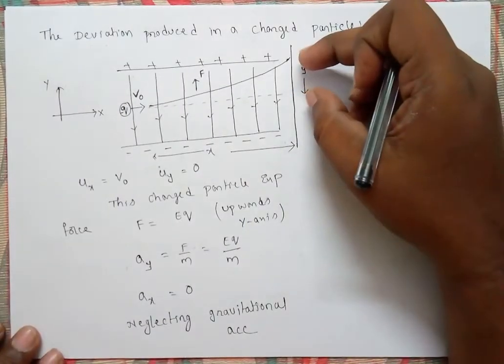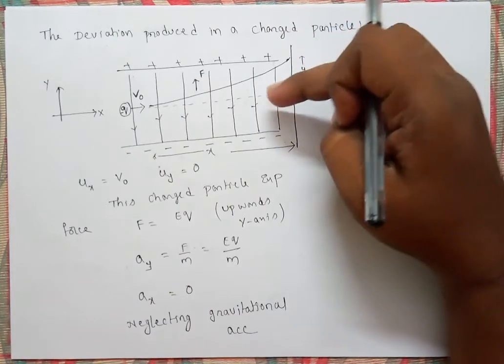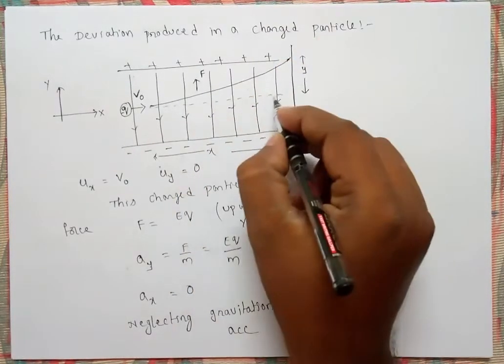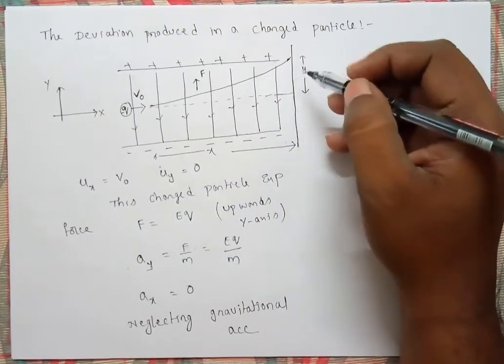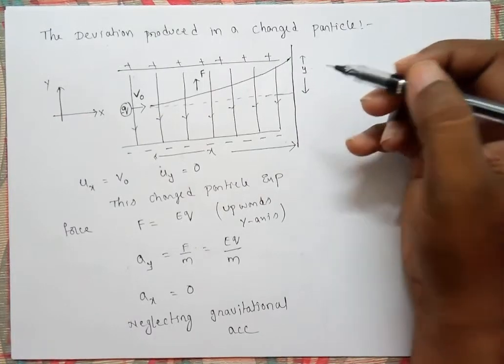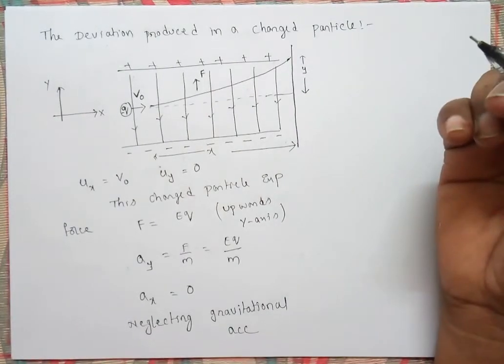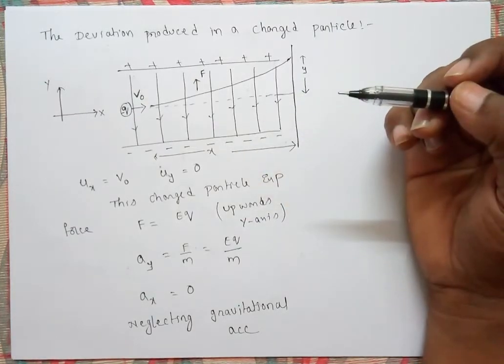This vertical distance is what we call the deviation, how much it has traveled vertically upwards from the actual path. Now we need to determine this y, as well as x.